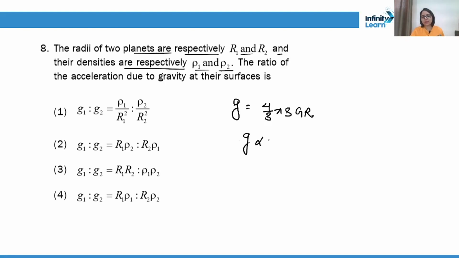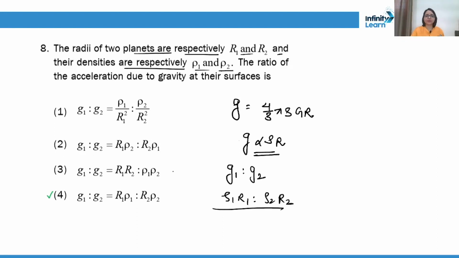So g is directly proportional to rho into R. Fine. So g1 is to g2 will be rho1 R1 is to rho2 R2. Fine. So the correct answer will be option 4.